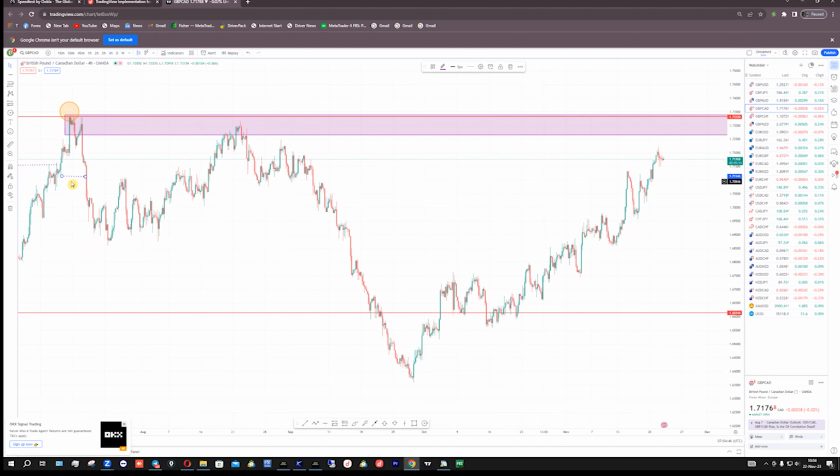Now, we saw that the market broke this area, and this was the BOS. So after the CHoCH, at this point, we were waiting again for the market to break inducement. Now we are going to check inducement here because there is a change of character.